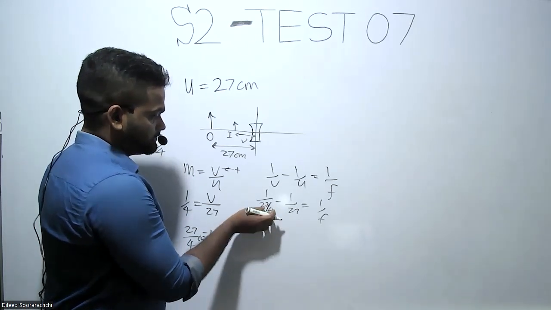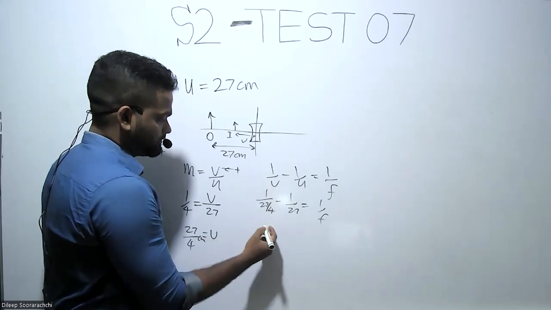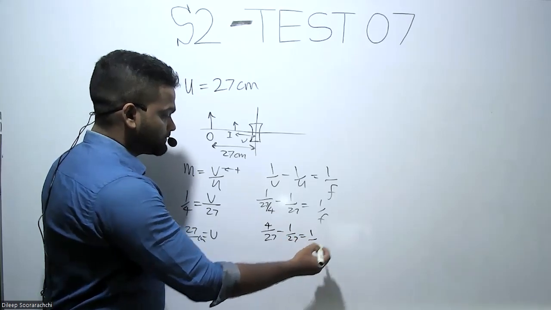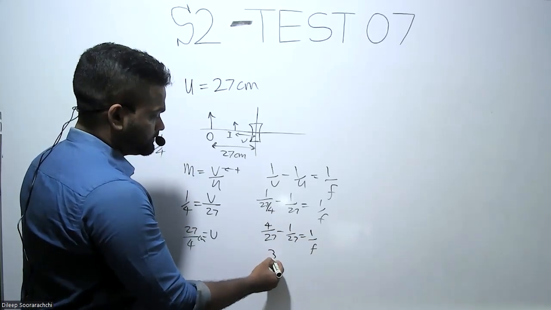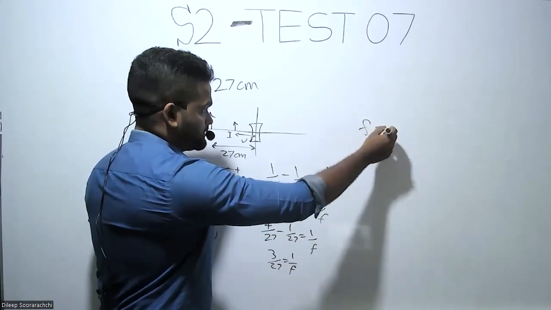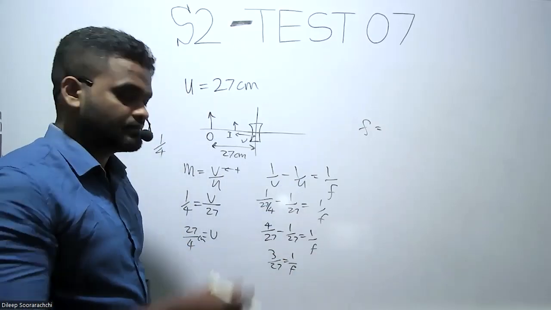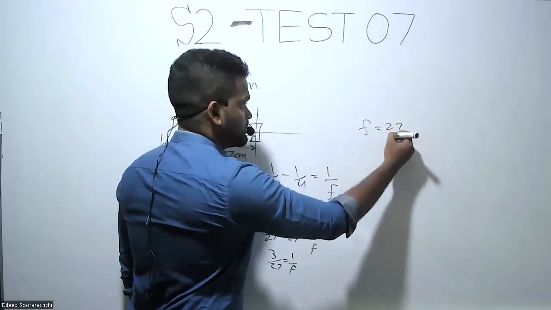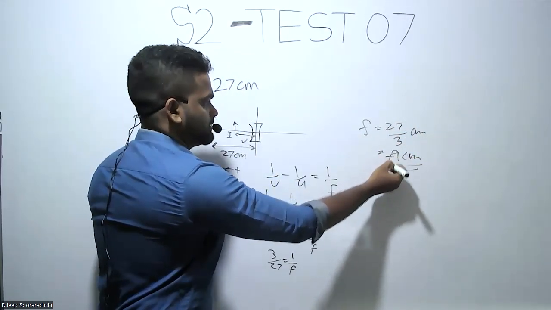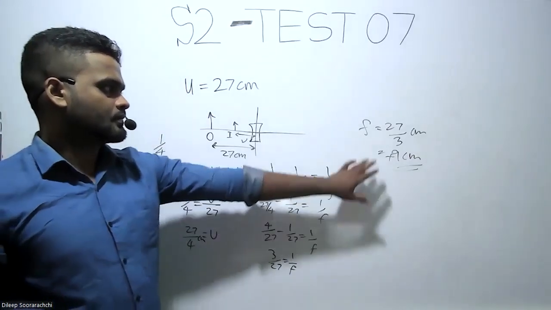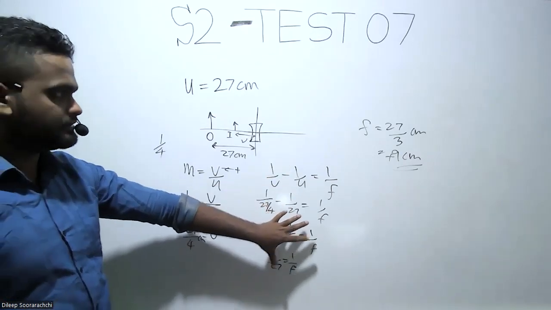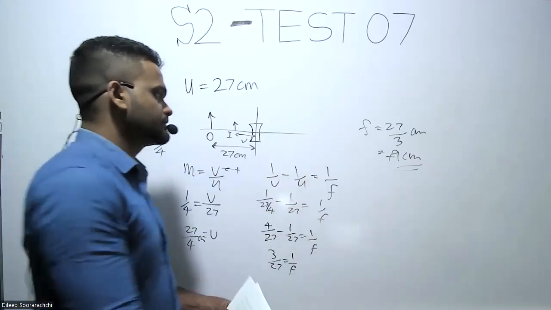So this 4 goes up, it flips. 4 divided by 27 minus 1/27 equals 1/f. 4 minus 1 is 3. 3/27 equals 1/f. So just flip both sides. f equals 27/3, so this is 9 centimeters. Now see that it's a positive value for the focal length. So it is confirmed that this has to be a concave lens.